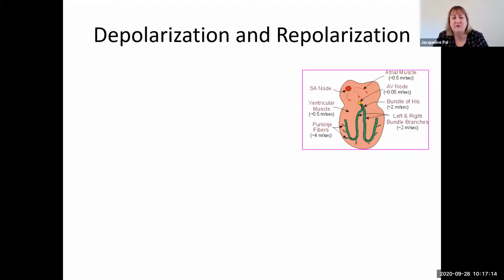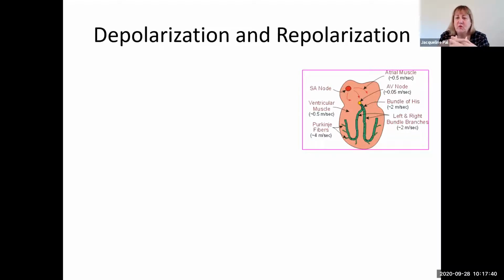In order to understand that, let's take a moment to review depolarization and repolarization, where the whole electrical activity of the heart starts in the sinoatrial node, way up high in the right atrium next to the opening of the superior vena cava. From there, an impulse is going to travel throughout both atria through the internodal fibers.